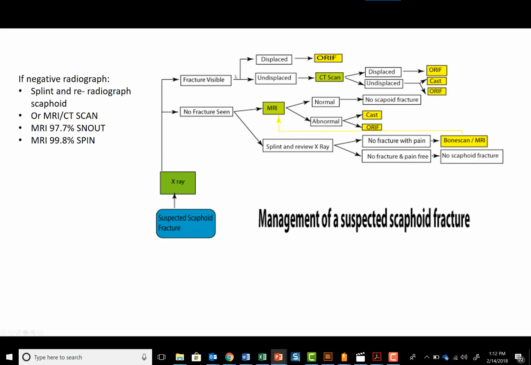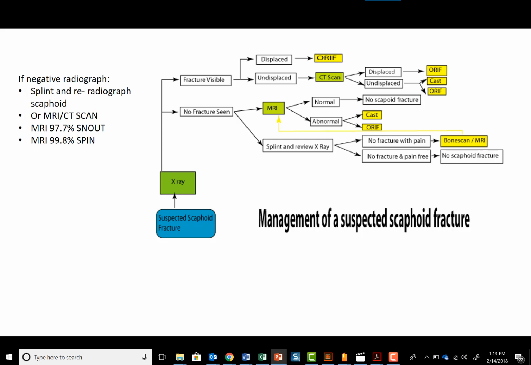If the fracture is visible, you want to know if it's displaced or undisplaced. If it's undisplaced, the CT scan may have a better idea of indicating if it's displaced or undisplaced. So they may end up doing multiples, but MRI seems to be pretty good at ruling out and ruling in.